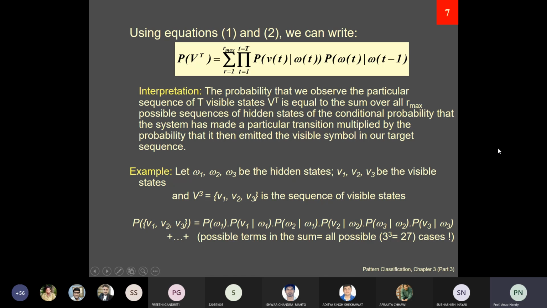Whenever I write V3, it means a sequence: V1, V2, V3 is a sequence of visible states. Now the probability of V1, V2, V3 is P(W1) into P(V1|W1) into P(W2|W1), which is just a transition probability, into P(V2|W2) into P(W3|W2), then P(V3|W3), plus the other possible terms in this sum, which will be all possible cases, like 3 to the power 3. That many cases you can have.